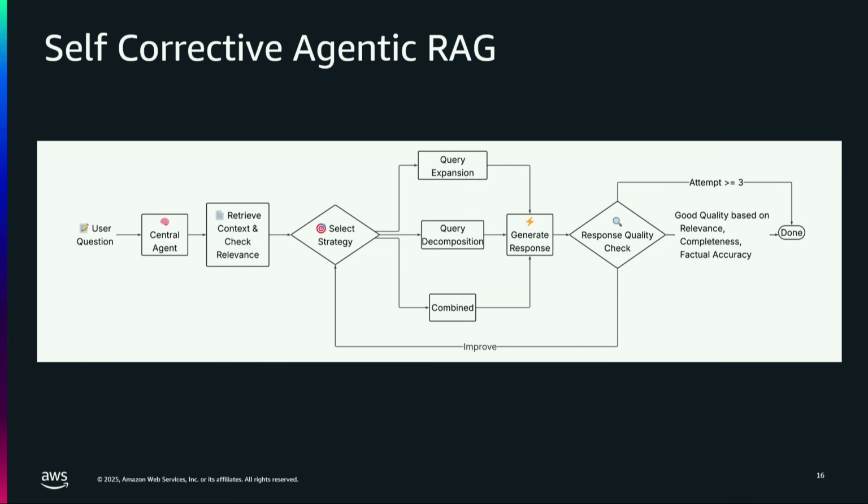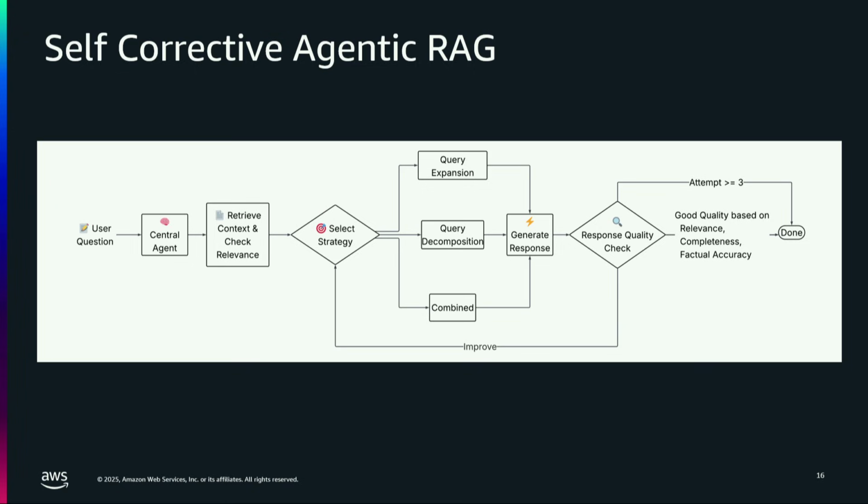Based on whether the context is relevant or not, it will select one of the strategies. It may be query expansion, it can be query decomposition, it can be a combination of the two. And once we have selected the appropriate technique, the response needs to be generated after the context is augmented to the user query and we ask the LLM.